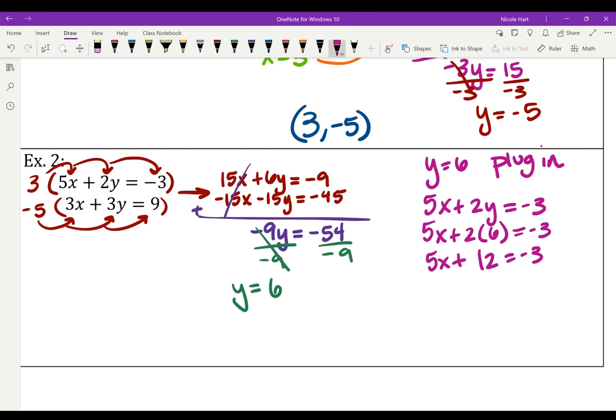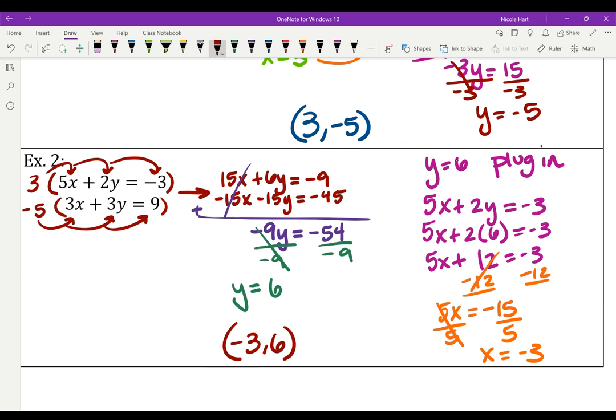We are going to subtract the 12 to the other side. And we have 5x equals negative 3 minus 12, which is negative 15. And then divide by 5, not a negative 5, just divide by 5. And x is equal to negative 3. So our solution here is negative 3, 6.